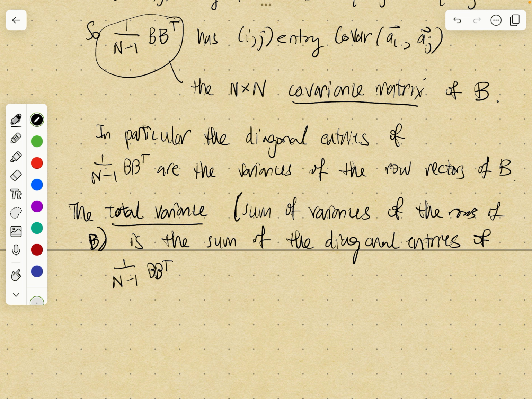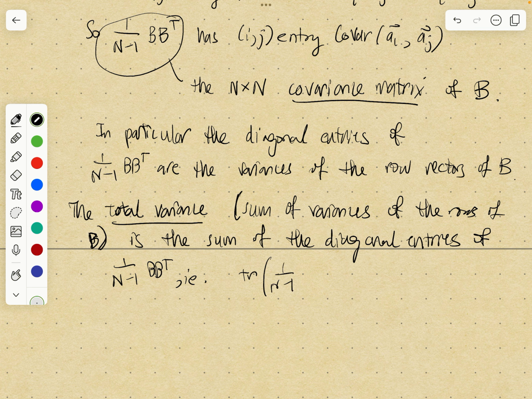Well, what's the word for the sum of the diagonal entries of a matrix? That's the trace. So it's the trace of 1 over n minus 1 B B transpose. Okay, that's all I wanted to say about this, just to get some definitions off the ground.